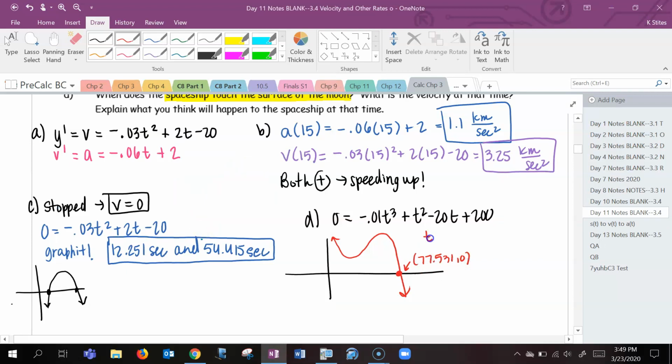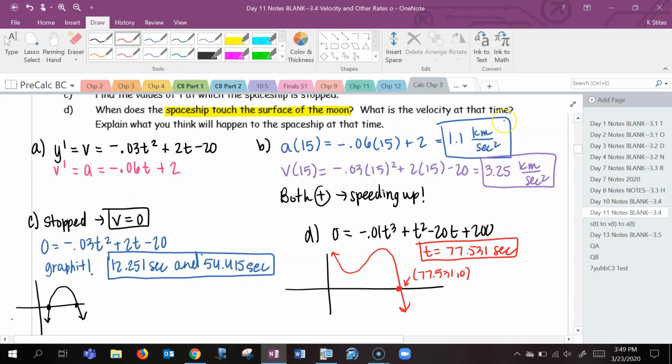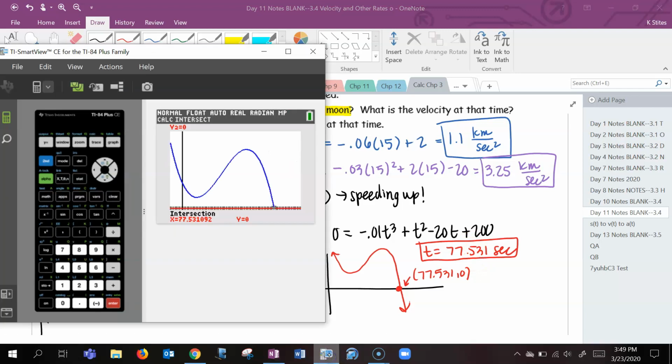So that's time. So that's when we're going to hit the moon, or touch the surface of the moon. And now we're asking for velocity at that time. So t is 77.531.